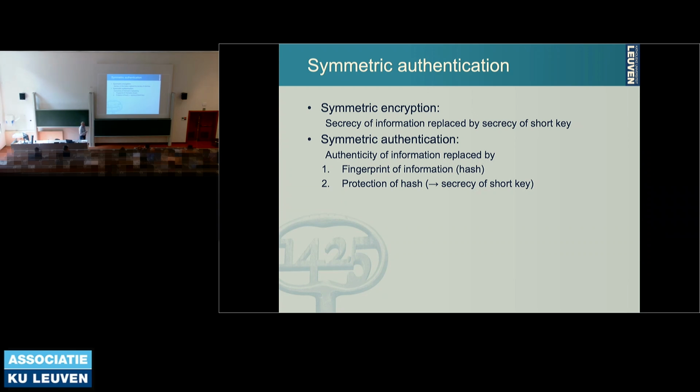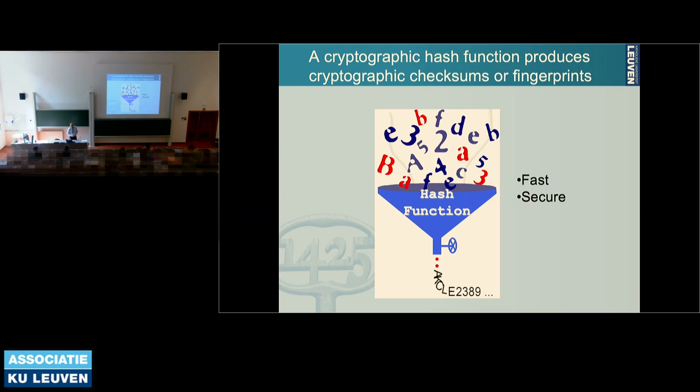And we'll typically do that by computing some kind of digital fingerprint of the information by using a hash function, and then protecting this hash. So it's a two-step process where we say if you change something in the message, then also the fingerprint will change. And I have a special operation to detect modification of the fingerprint. And so the workhorse there is what we call a hash function.